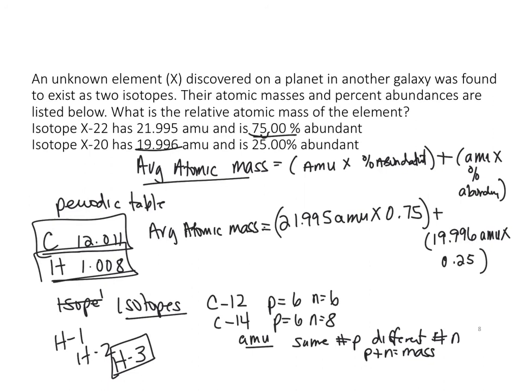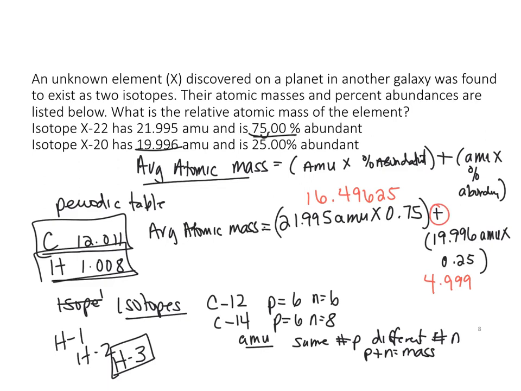Now we're going to get your calculator out. 21.995 times 0.75 gives us 16.49625. And then we're going to do 19.996 times 0.25, and that's going to give you 4.999. And then we add them together.